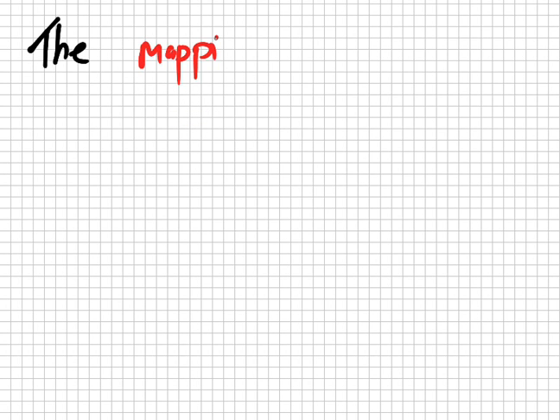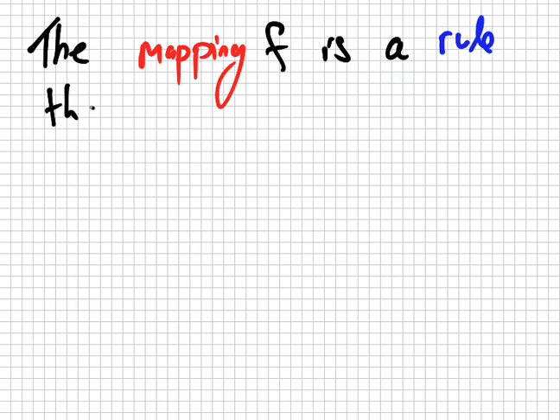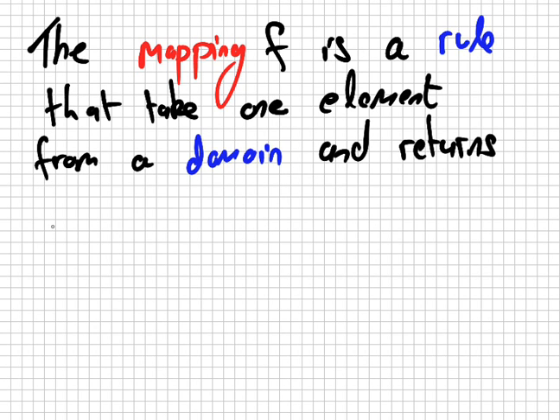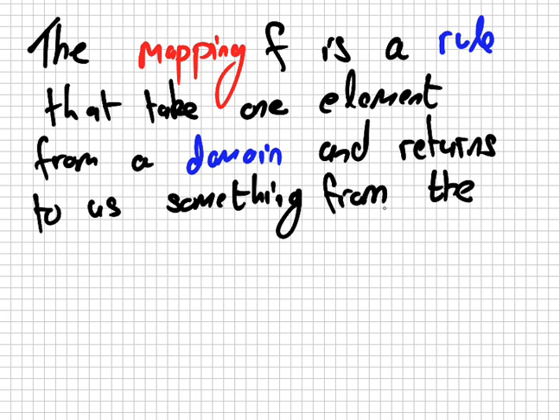A mapping f is a rule that takes one element from a domain, and returns to us something from the codomain.